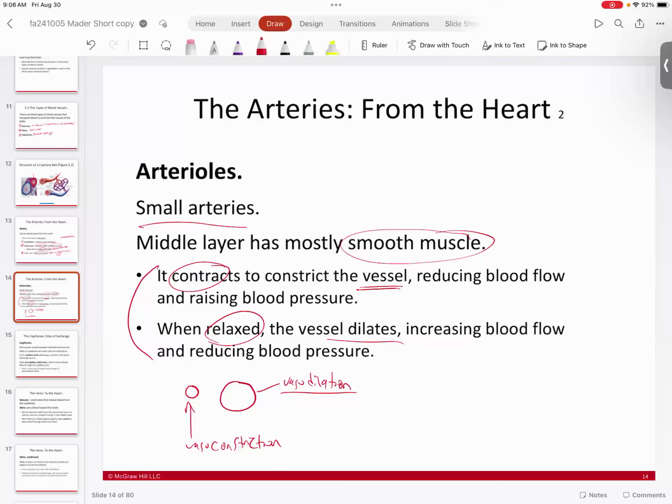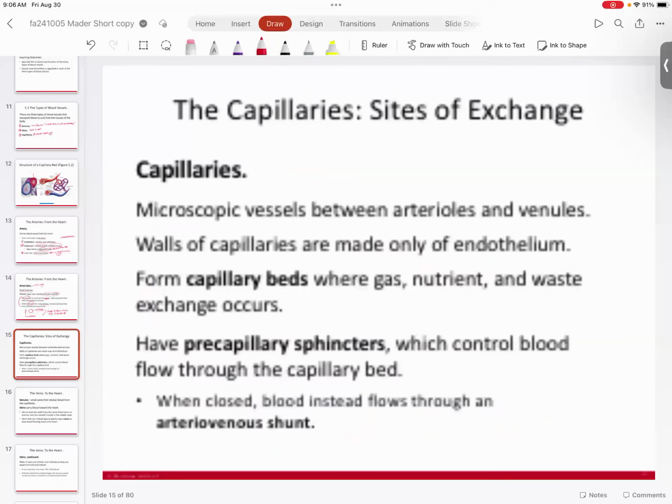Your arterioles are constantly constricting and dilating, changing their diameter, and what this does is change resistance, which helps to regulate blood pressure. So oftentimes arterioles are referred to as the resistance vessels, because this is how you change your resistance.